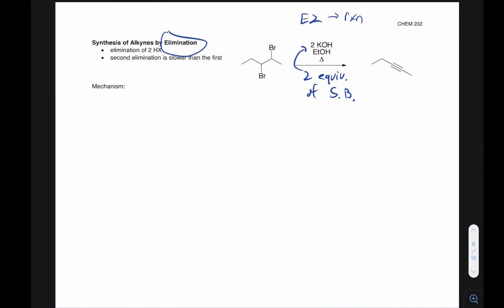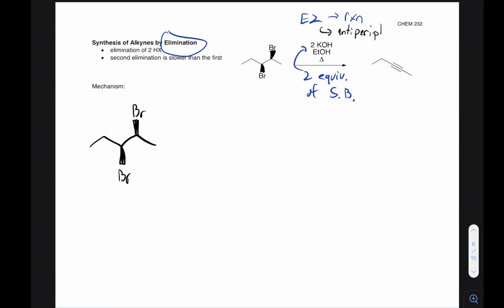So let's take a look at the mechanism of this to see what this looks like. One thing I am going to change here to illustrate a point is I'm going to put these on wedges, because remember we want these E2 reactions to be anti-periplanar.